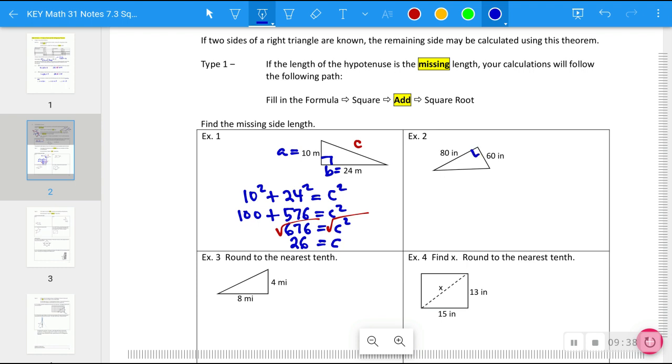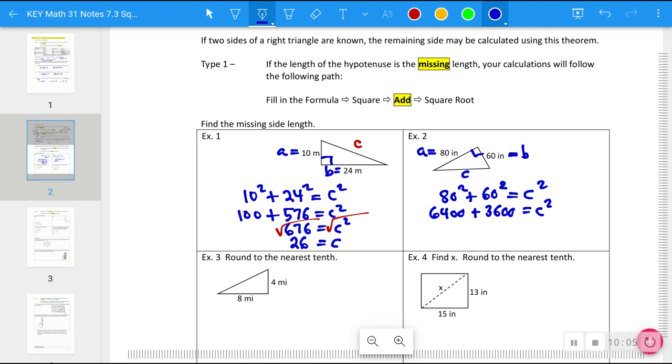Okay, the 90-degree corner is right there, so this must be A and B here. And again, it doesn't matter which one you label A and B, but you do have to label the hypotenuse C. So it's going to be A squared plus B squared equals C squared, which is 80 times 80, 6,400, plus 60 times 60 is 3,600.